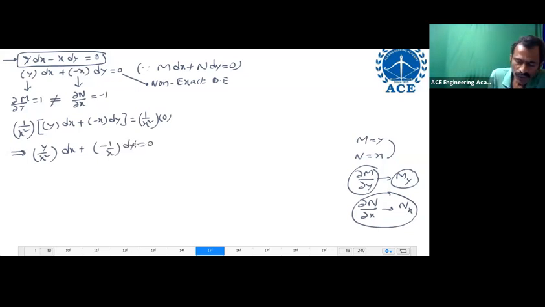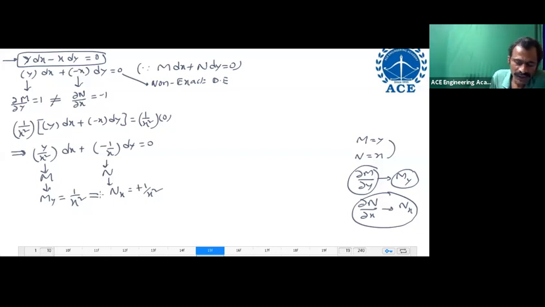Now it is a new equation, again in the form of M dx plus N dy. This is the new M, this is the new N. M with respect to y equals 1 by x square, and N with respect to x: the derivative of minus 1 by x is plus 1 by x square. So both are the same. First the equation was non-exact, but after multiplying by 1 by x square, the equation becomes exact.